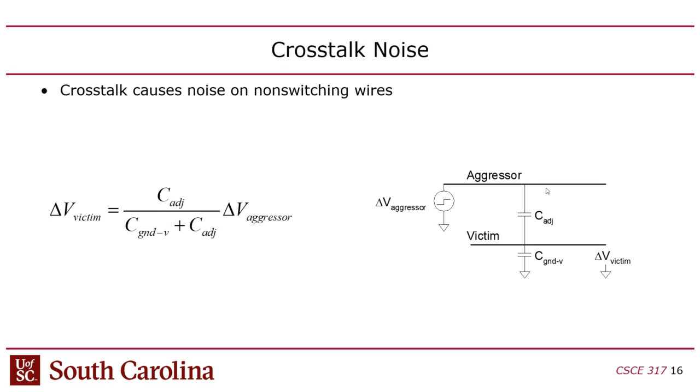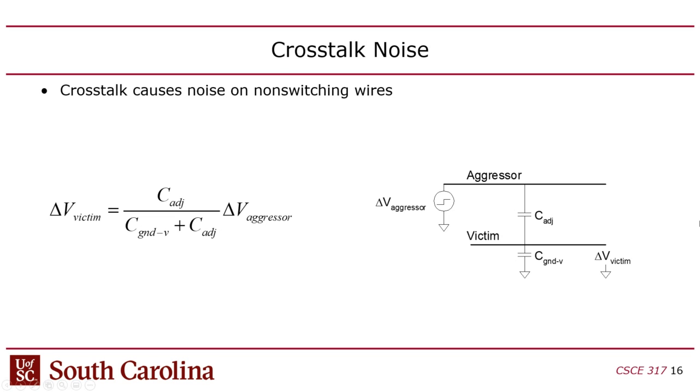So the voltage change in the victim can be computed as the capacitance between the wires, the adjacent capacitance, the capacitive coupling between the wires, divided by the capacitance to ground of the victim plus the adjacent capacitor, multiplied by the change in voltage of the aggressor.